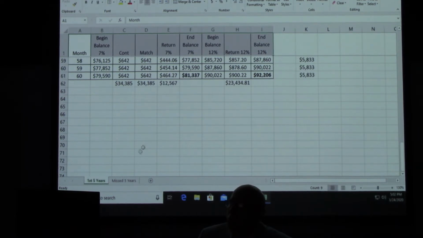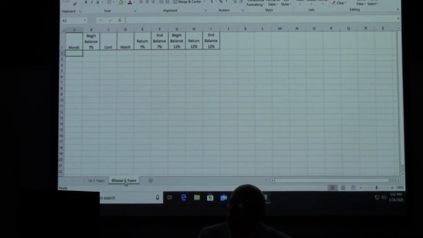All right, so let's go to question number 4, and they want to know if he starts his retirement plan at the end of the next month. Now we're in question 3. End of the next month.